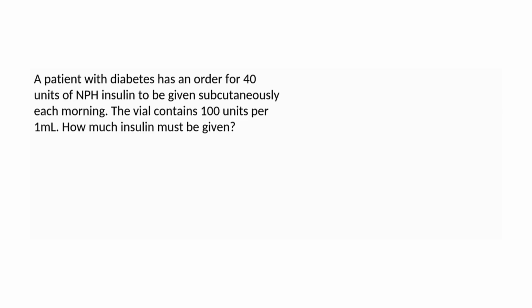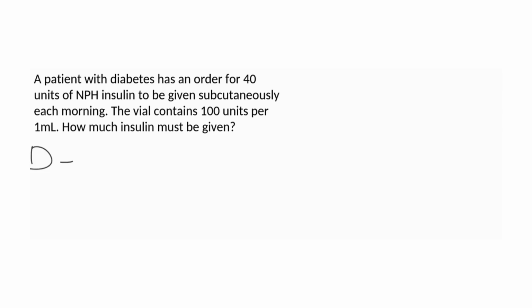A patient with diabetes has an order for 40 units of NPH insulin to be given subcutaneously each morning. The vial contains 100 units per 1 milliliter. How much insulin must be given? So let's get our D over H times Q values.